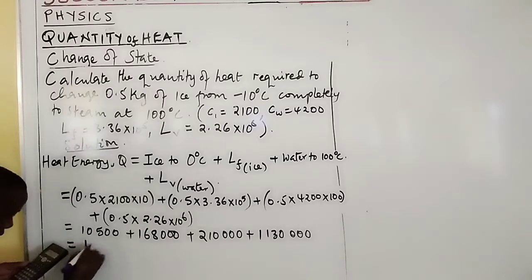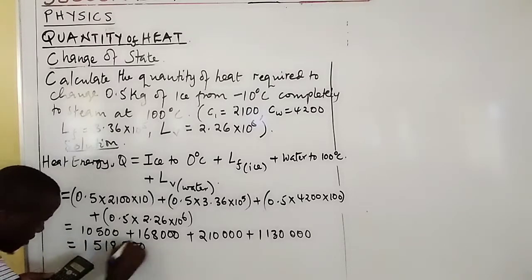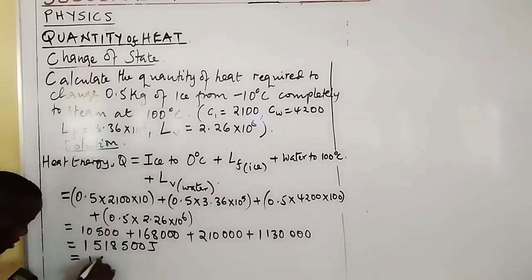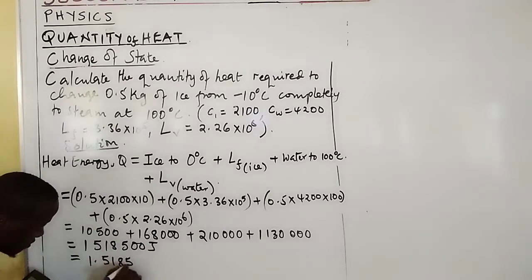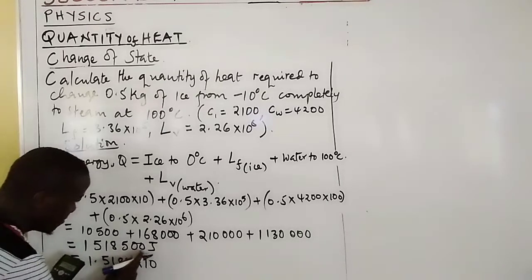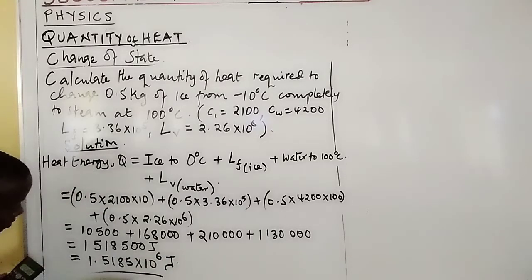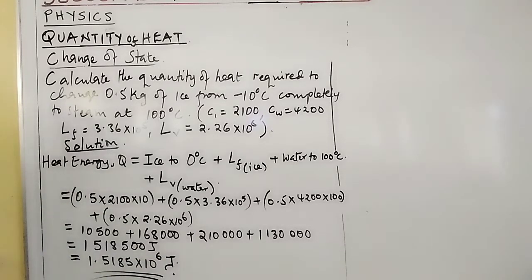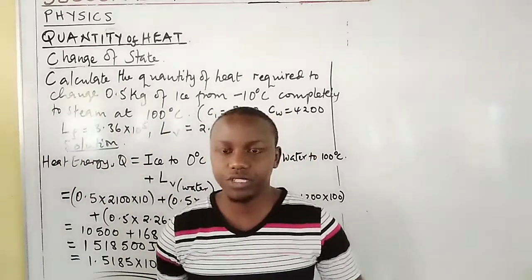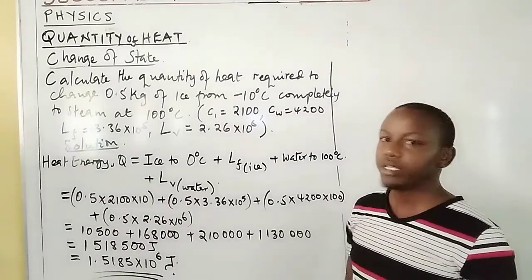So we get 1,518,500 joules, which can be expressed in standard form as 1.5185 times 10 raised to the power of 6 joules. So this is the heat energy required for the whole process. That's how it had to be calculated.